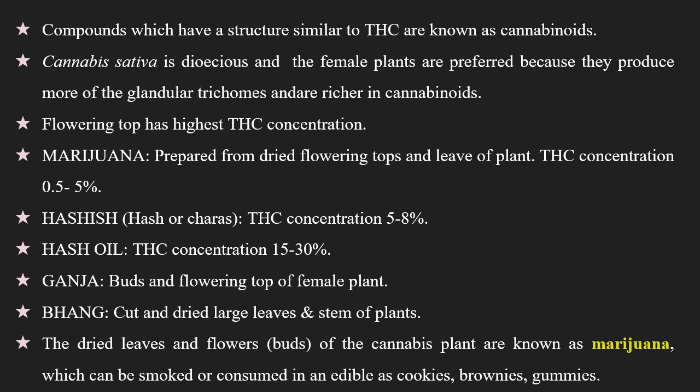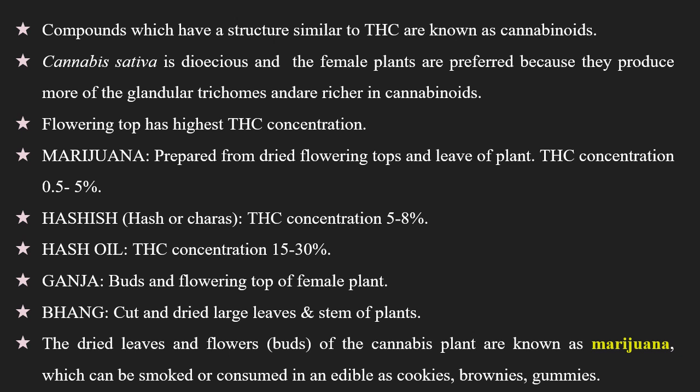Marijuana, which contains about 0.5 to 10% of delta-9 THC, is prepared from dried flowering tops and the leaves of the plant. Hashish or hash or charas contains about 5 to 8% of THC.